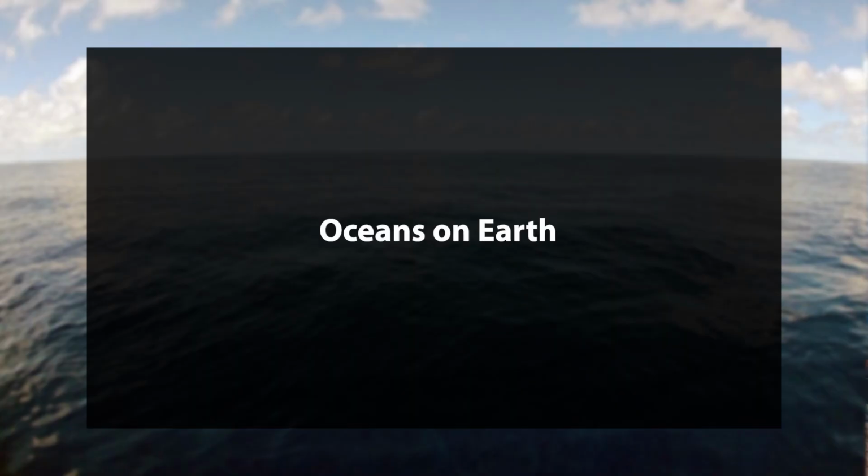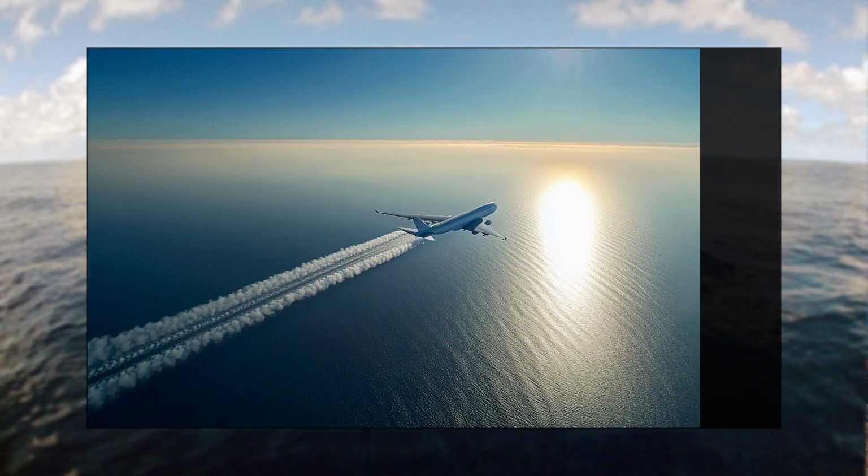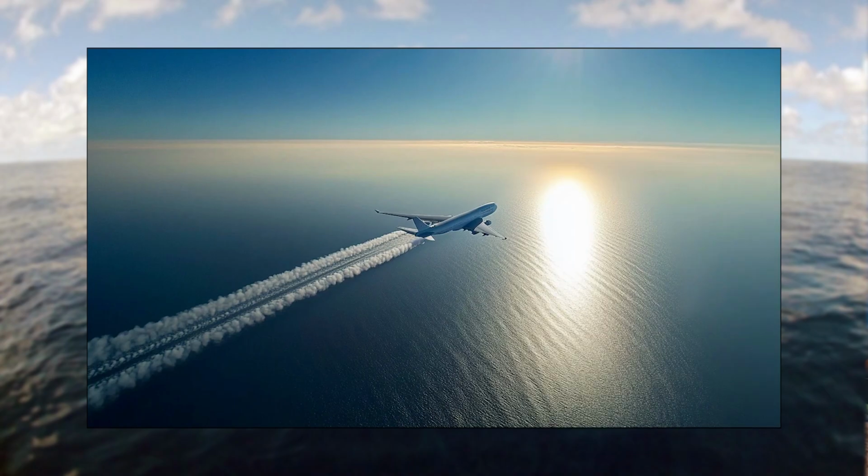Now, oceans on Earth. A world map clearly shows the vast extent of the oceans. Most of the Earth's surface is covered by seawater, and anyone who has crossed an ocean by ship or flown over it by aeroplane is impressed by its immense size. All the seas and oceans are interconnected, forming one continuous body of seawater.